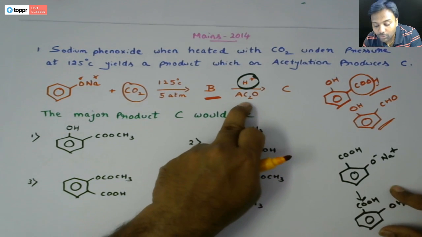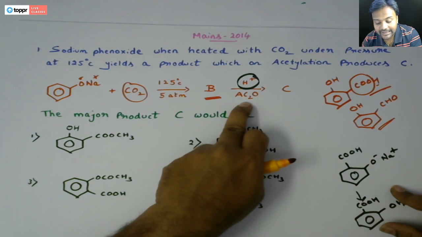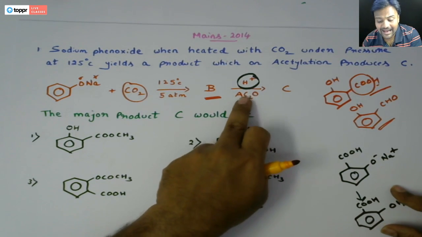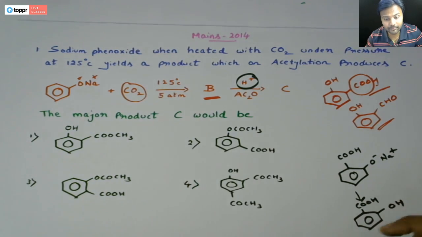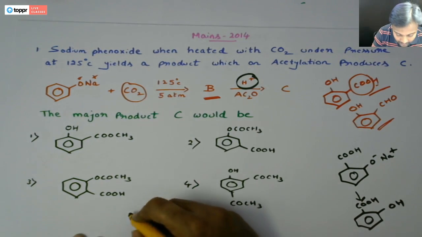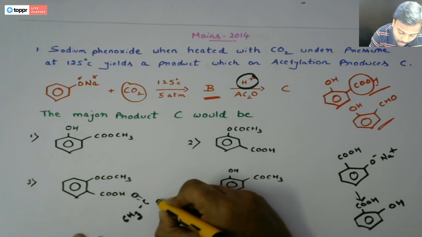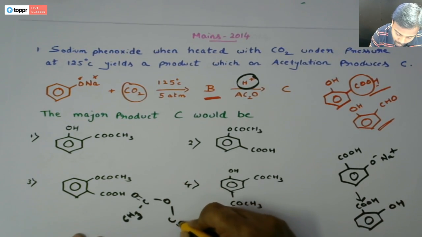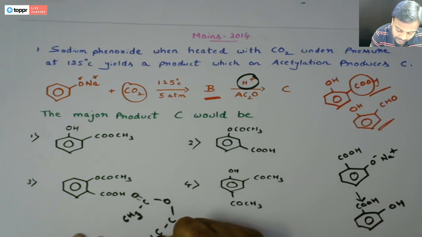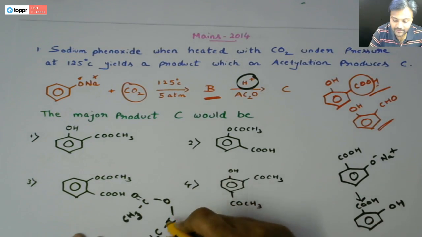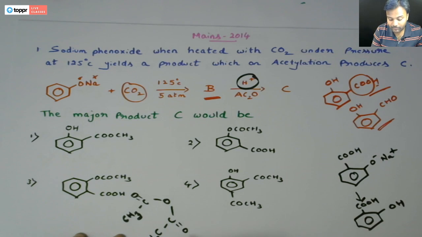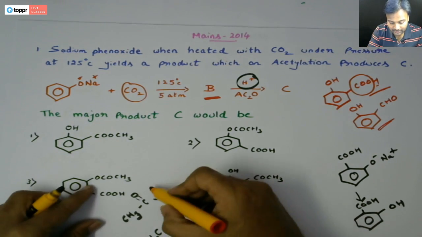But there is one more reagent present: Ac2O. Ac is the acetyl group. Ac2O means CH3 CO O CO CH3, acetic anhydride. Now acetic anhydride when treated with phenols is a very nice reaction.